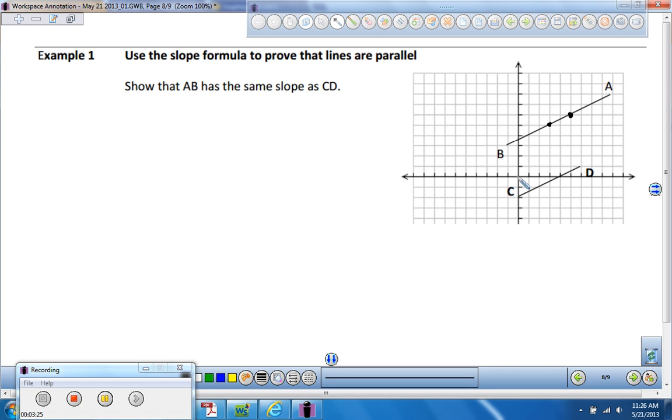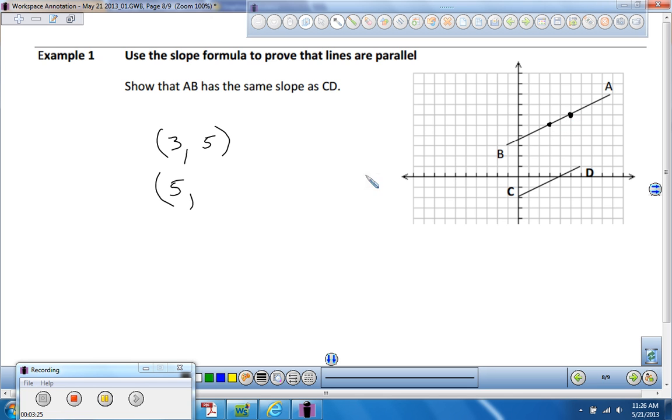For the first point, you go 1, 2, 3, so the x is 3, and then the y is up 1, 2, 3, 4, 5. So that point's (3, 5). The next point: the x is 5, and the y is 6.